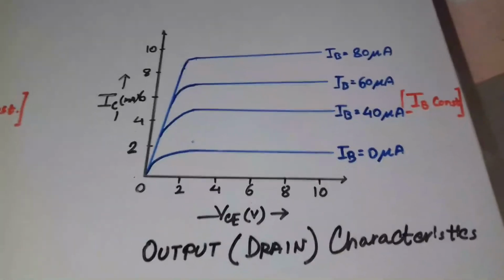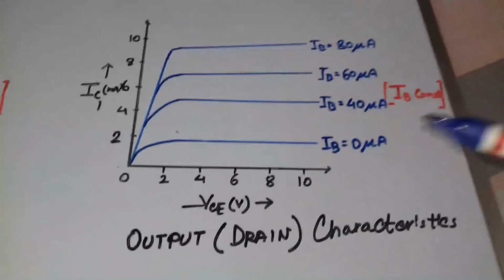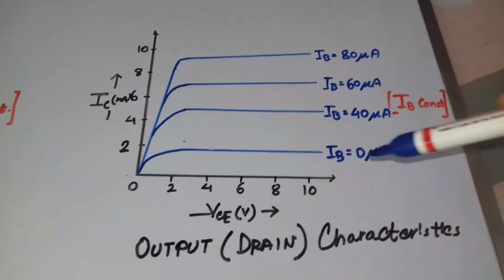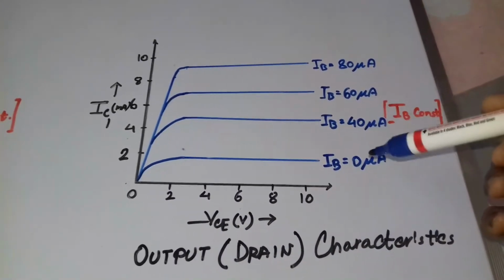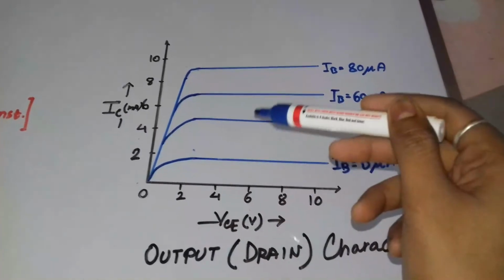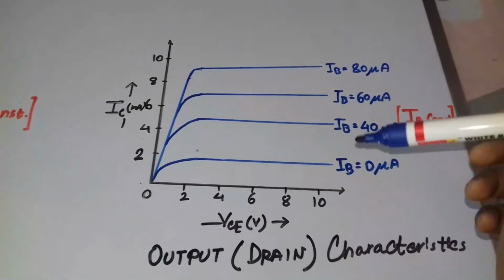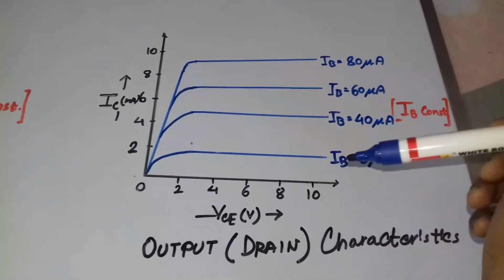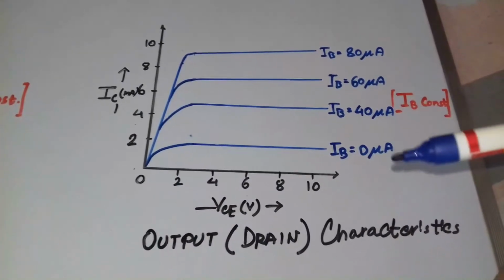So at IB 0 microampere, this is the characteristic curve, and with the increase of the base current, that is IB, the value of the collector current will also increase, but at IB equal to 0 there will be no collector current, so the transistor will become off.